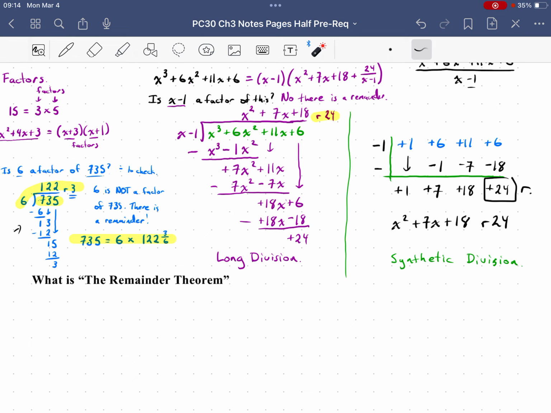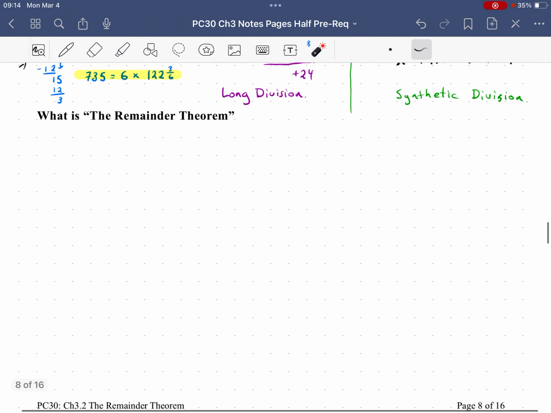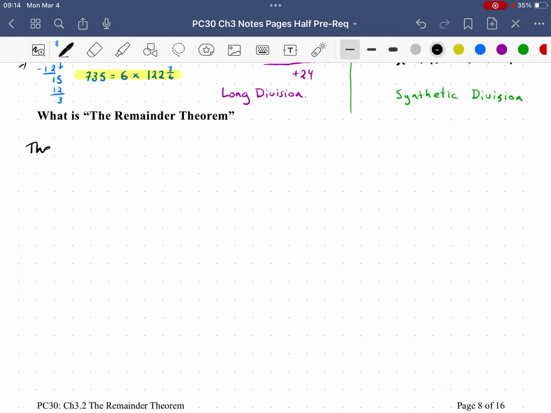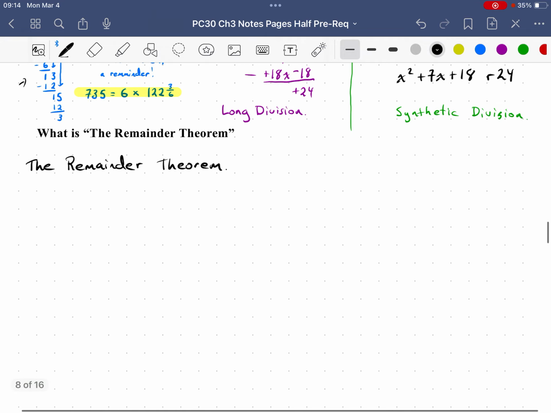Okay, so here we go. The remainder theorem. Here's what it is about.